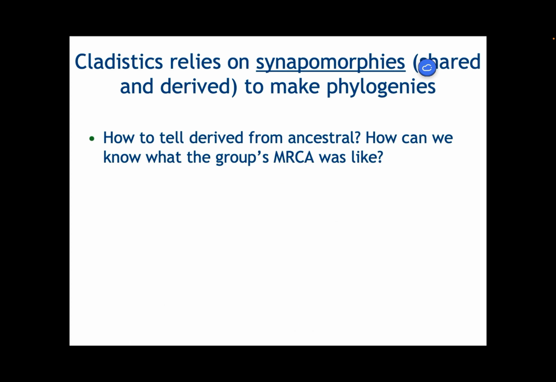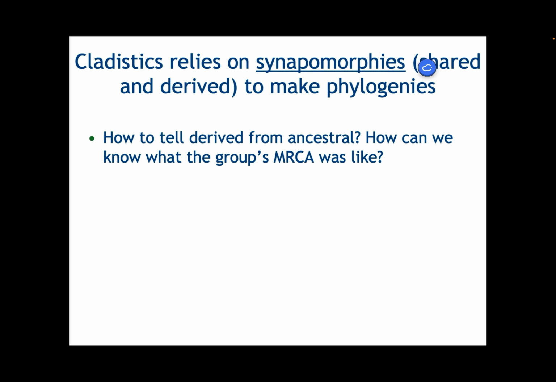Okay, so where were we last Tuesday? We were on this idea of cladistic analysis, and not all similarities are equally informative, and really we should only be paying attention to synapomorphies, traits that are shared and derived.